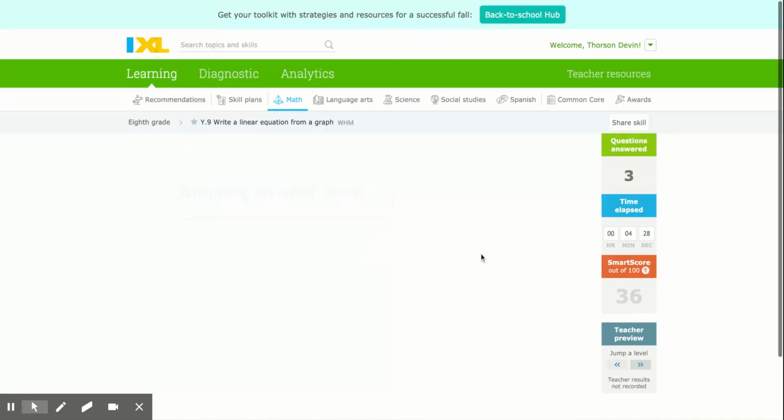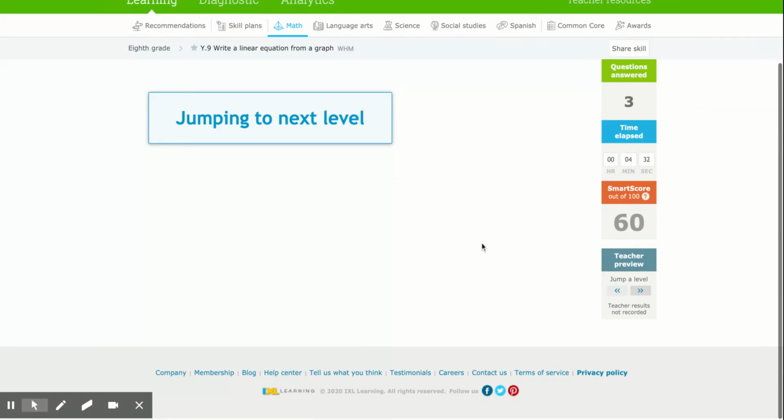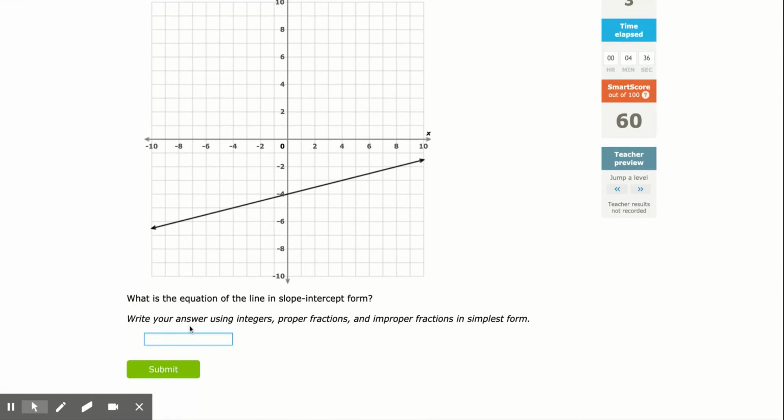I'm going to jump ahead. Hopefully we'll find one where it's going down. I'm hoping we get a negative slope. Again here, if you notice, I'm always going to look for the nice places where the line intersects a vertical and a horizontal, x-axis and y-axis point. And then right here at negative 4.